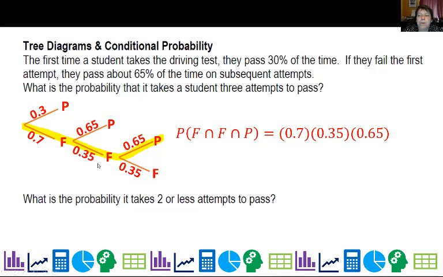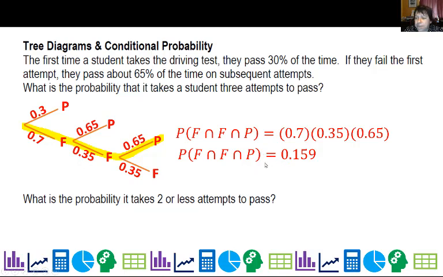See how this is now 0.35 instead of 0.7? This is the probability of failing given I failed the first time. This is the probability of failing given I had already failed once before. So those numbers are already built into your tree. Multiply them out, and I get 0.159, or about 15.9% of the time we expect a student to need 3 attempts to pass.